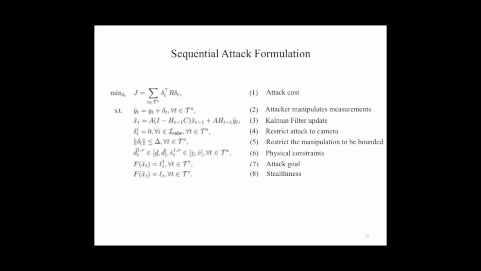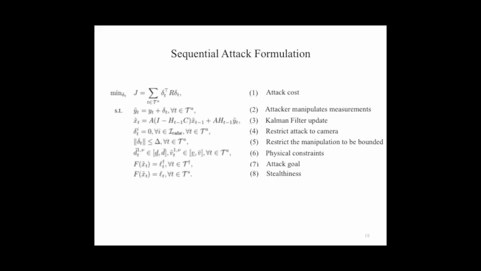Equation 3 here still simulates the Kalman filter state update, while equation 4 dictates that the attacker only manipulates the camera component in the measurement y_t. Similar to the epsilon norm ball constraint in standard adversarial example papers, we also have equation 5 that restricts the attacker's manipulation on measurements to be bounded. And also, as mentioned before, equation 6 is the natural physical constraints on distance and velocity.